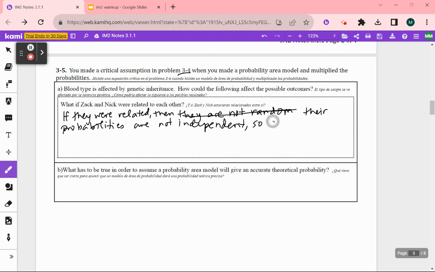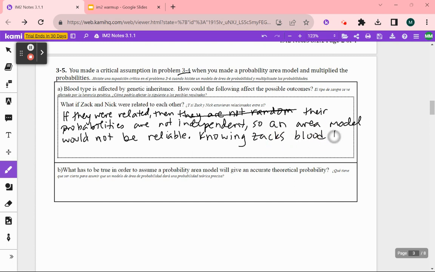So an area model would not be reliable. Knowing, for example, Zach's blood type would impact the possible blood types for Nick.